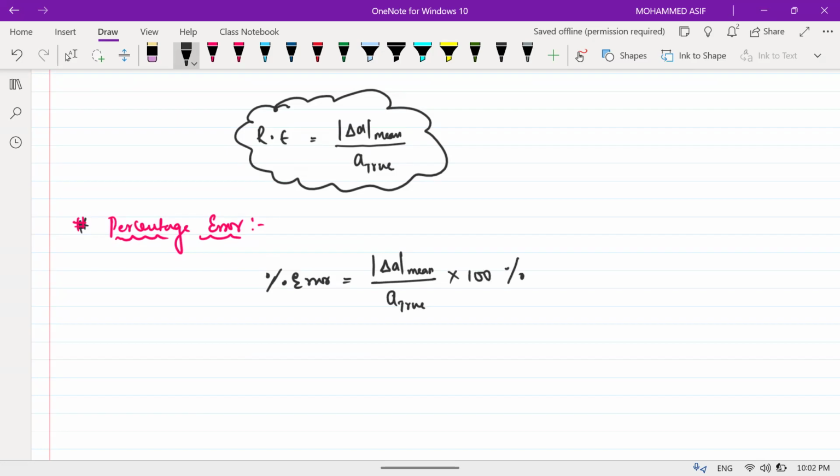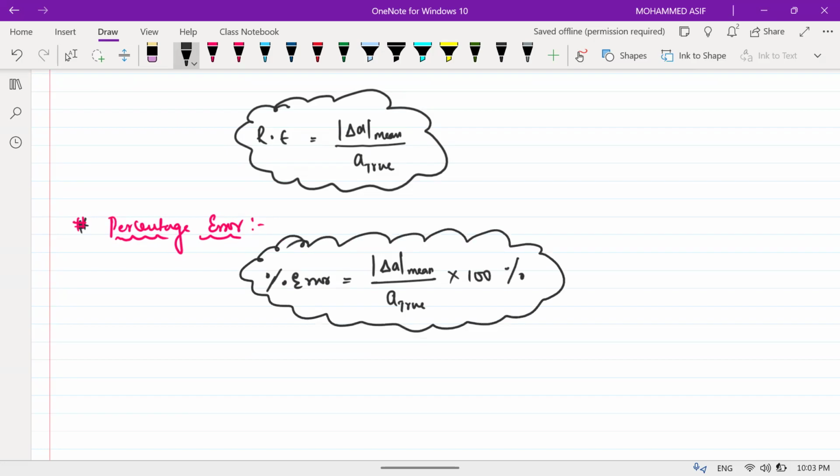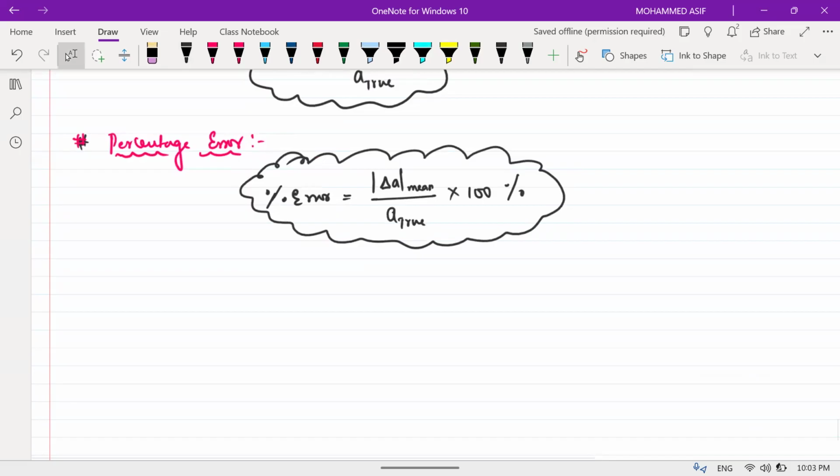This is your percentage error. So percentage error is equal to mod of delta A mean divided by A true into 100%, with sign.